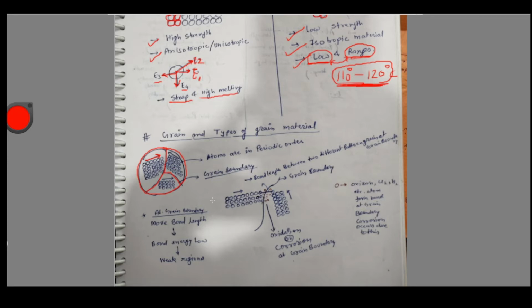And suppose at the grain boundary there is more bond length. These are the boundaries which separate the atoms. So at this boundary more bond length will be present.